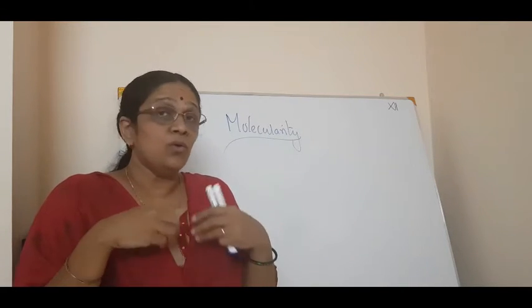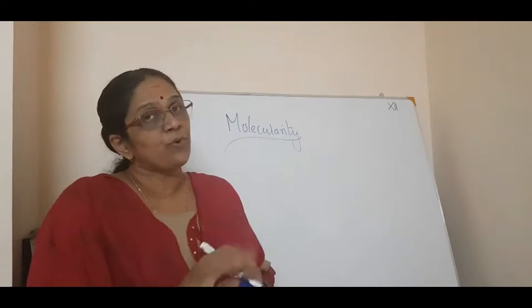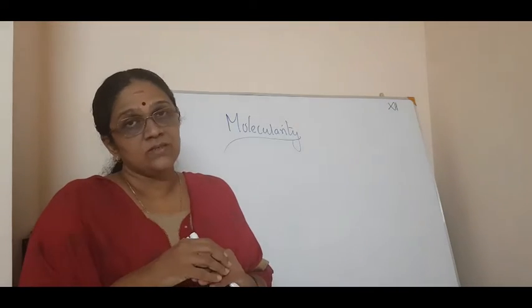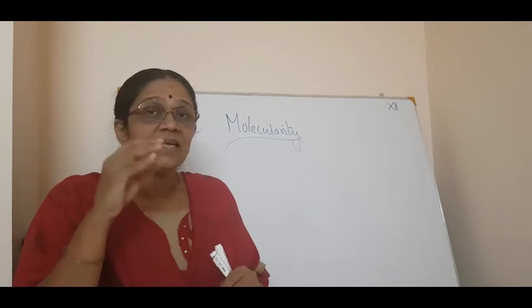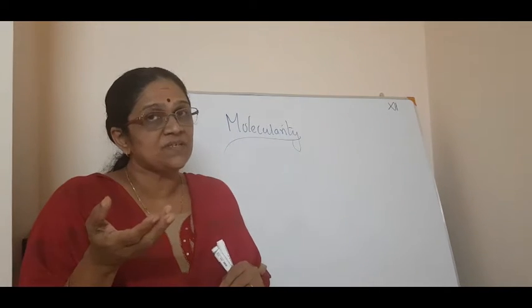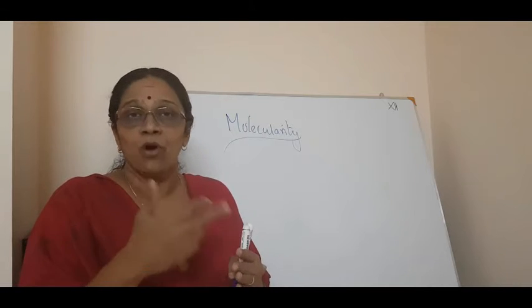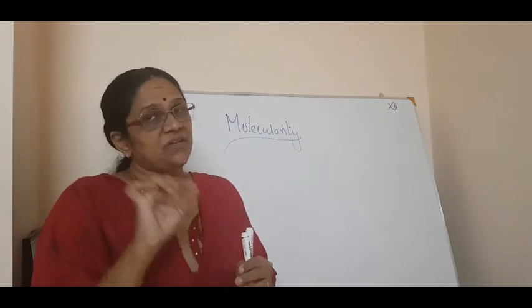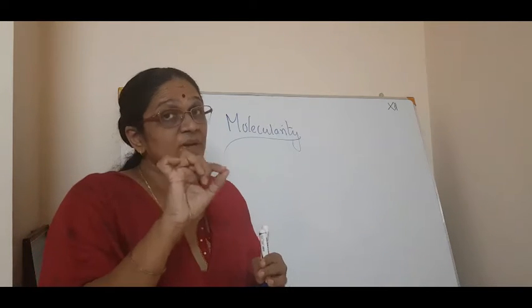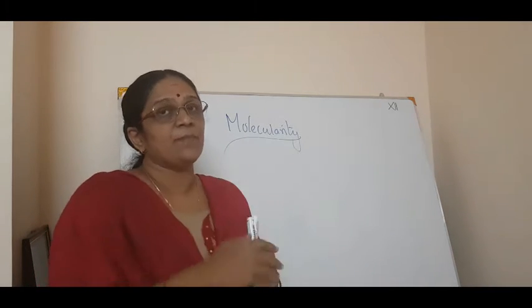And after all, no reaction is 100% converted into product. So the molecularity can be defined as the number of reacting species, which can be an atom, an ion or a molecule, in an elementary reaction. That is a valid point. An elementary reaction takes place in a single step.